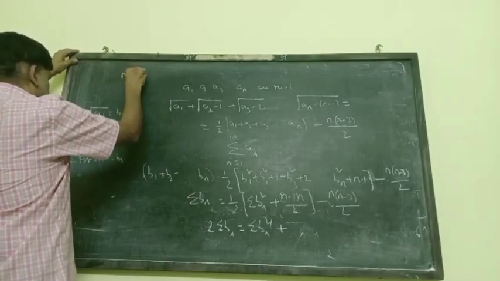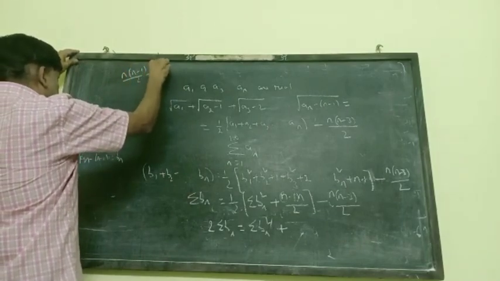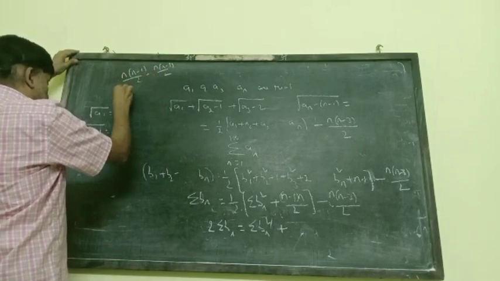N into n minus 1 by 2 minus n into n minus 3 by 2.